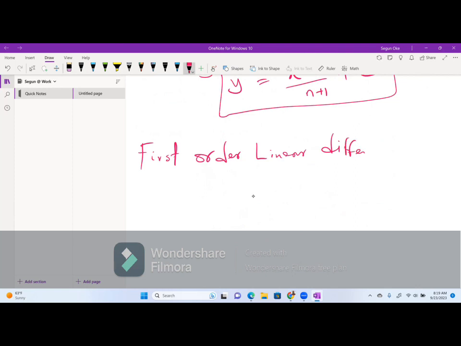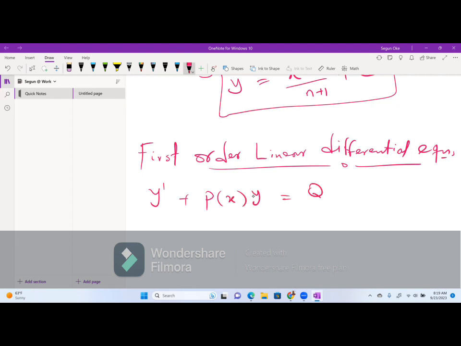So for us to have this, we have a general formula that says y prime plus p of x times y equals q of x.